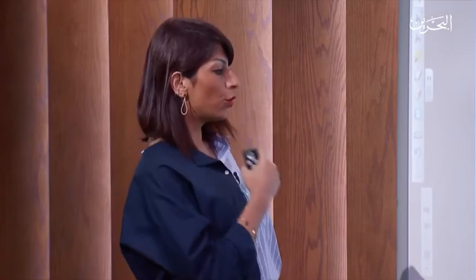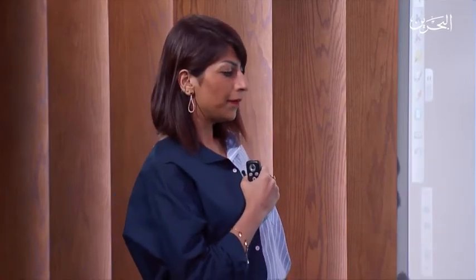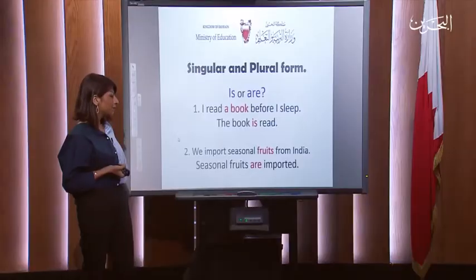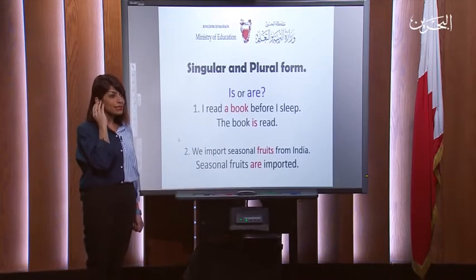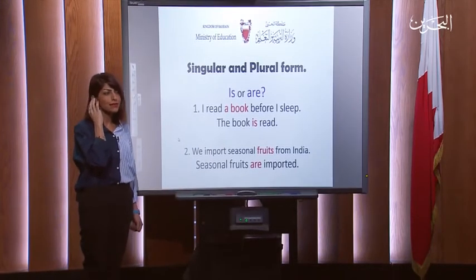Second example is we import seasonal fruits from India. And this is the active, the normal type of sentence. If I want to transfer it into passive, I start with the object, which is the seasonal fruits. And I said fruits, which means it's plural.